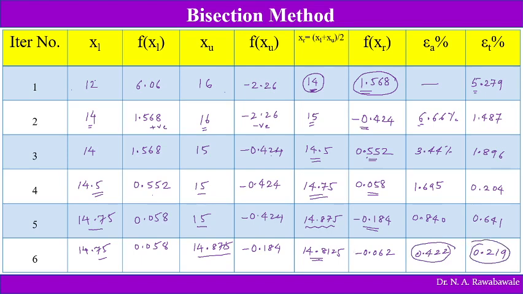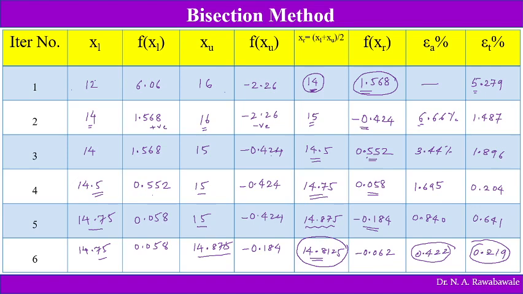Now this new approximation, which is 14.8125, is going to yield the error in the root of equation below 0.5%. Approximate error is 0.4 and true error is 0.219. So we can stop here and we conclude that the root of equation is 14.8125, which is 0.219% away from the true value.